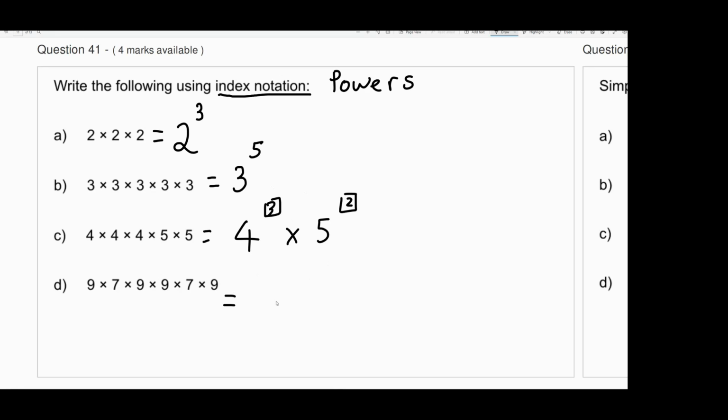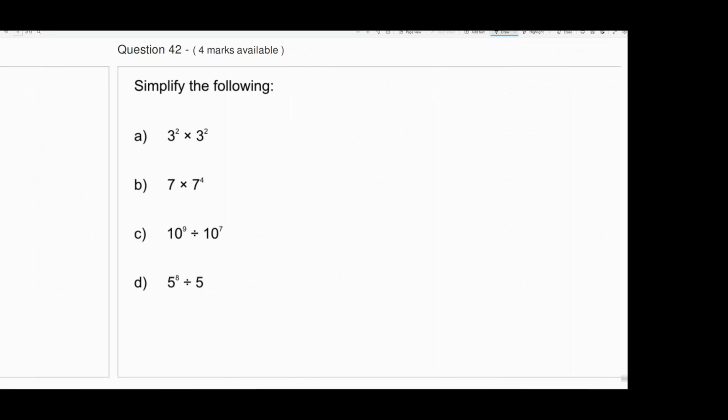Then what would we have for D? Yeah, you get 7 squared, and then you get 9 to the 4. Brilliant. Oh, yeah, 9 to the 4 times 7 squared. Brilliant. And don't forget the times in between. That's great.